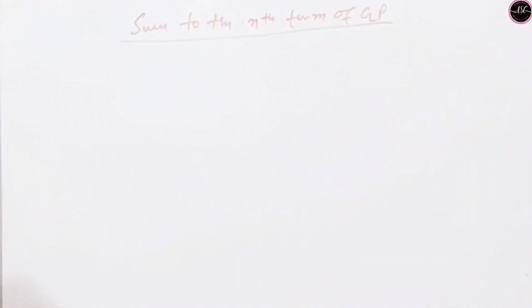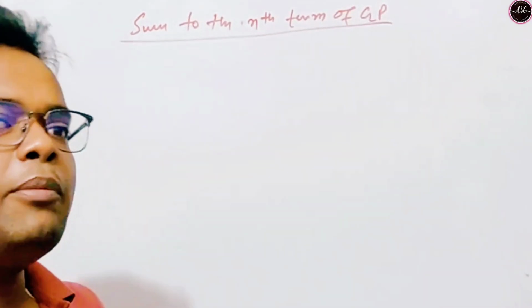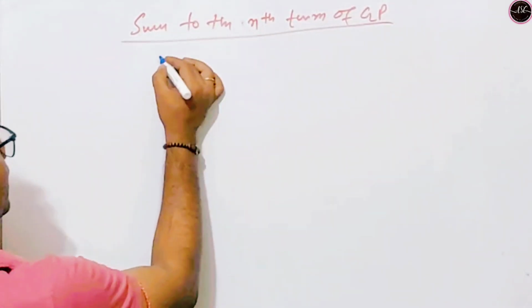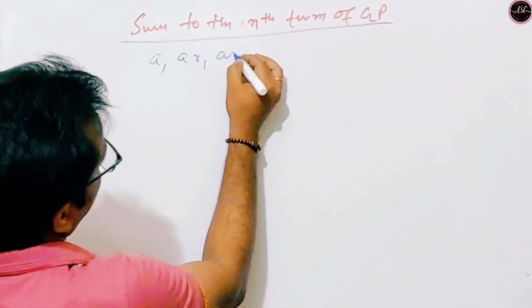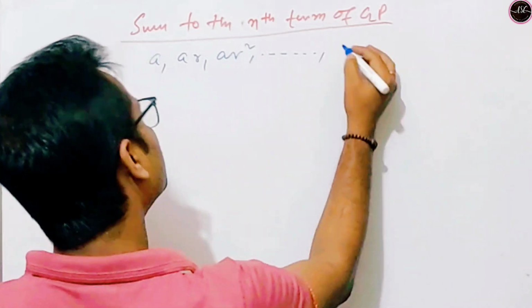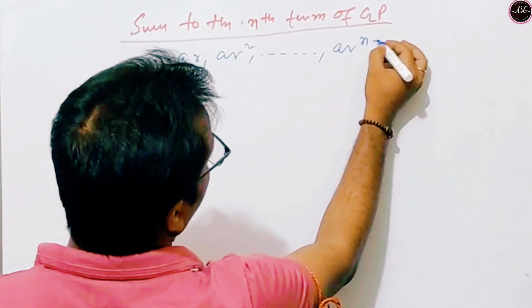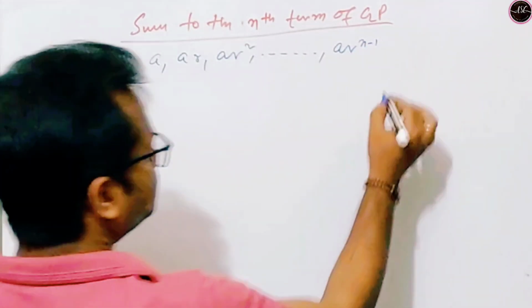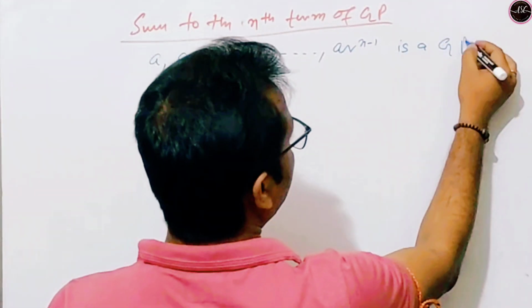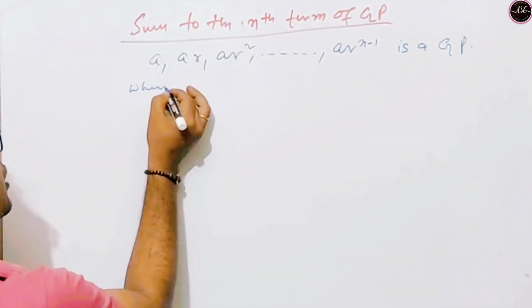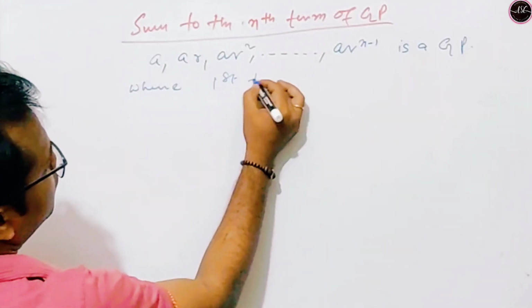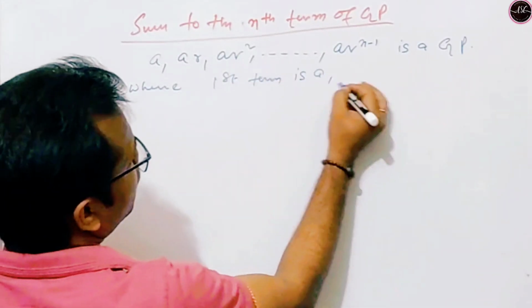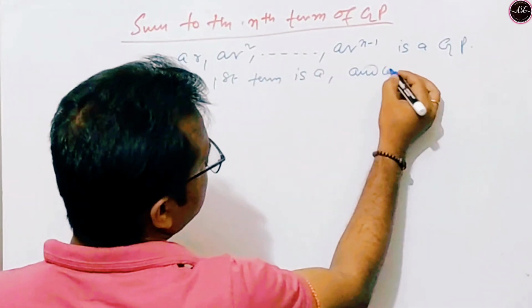Okay, here we will learn about the sum of the nth term of a GP. Let a, ar, ar square, dot dot dot, ar to the power n minus 1 be a GP, where the first term is a and the common ratio is r.